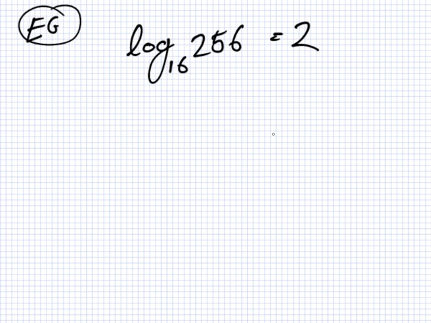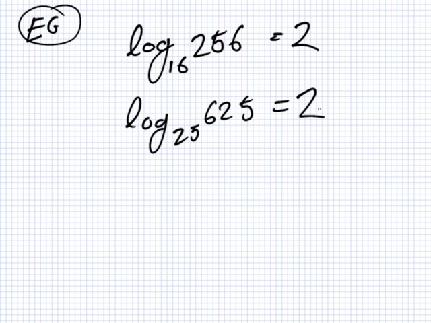2. What about this one? Log 25 of 625. 2. That's a bit better. 25 squared makes 625. And here's one. Log 10 of a million. 6.